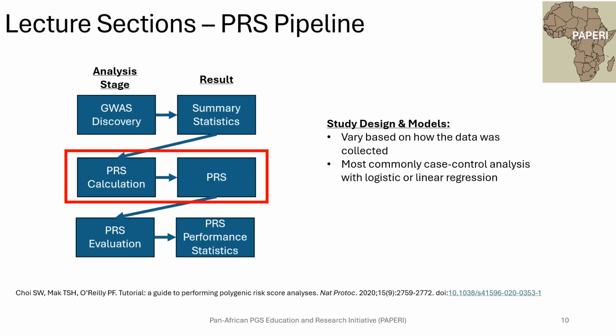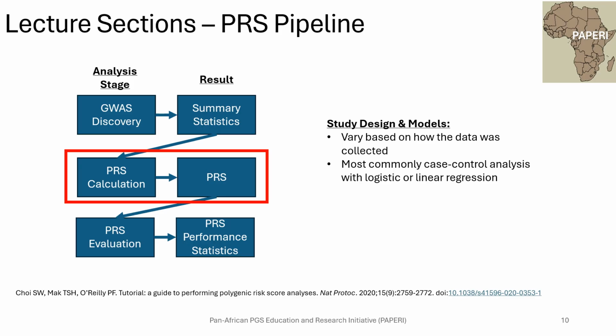So we have the results from our genome-wide association study, and these are frequently large pooled meta-analyses and things like that. We're frequently just looking at the summary statistics from these studies, gathering that information, seeing what variants are significantly associated with the outcome, and using those to build a polygenic risk score in our separate data set.